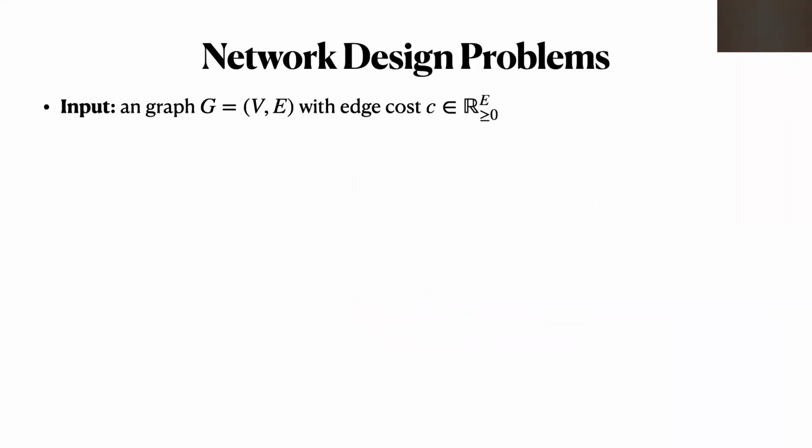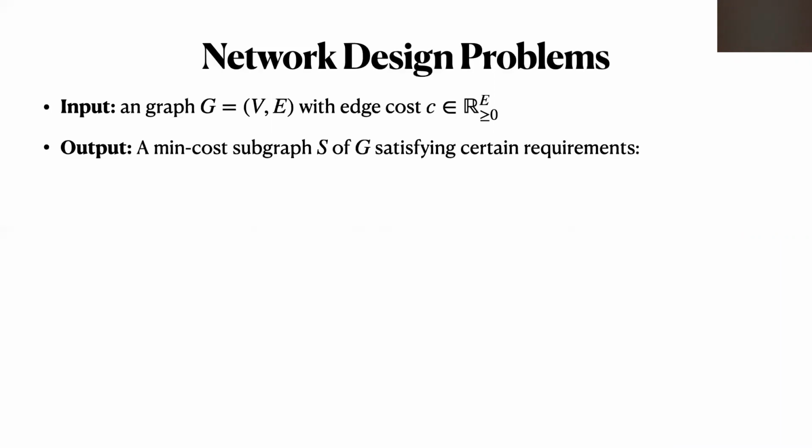We studied network design problems where the typical input is a graph G with edge cost C, and the desired output is a minimum cost subgraph S of G satisfying certain requirements. One example of requirement is the connectivity requirement.